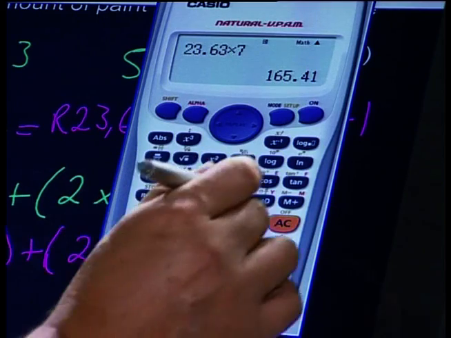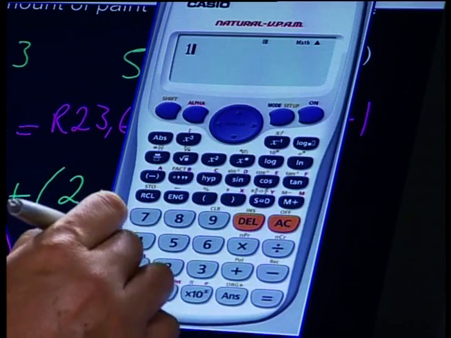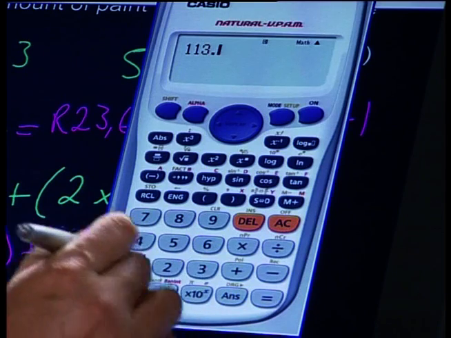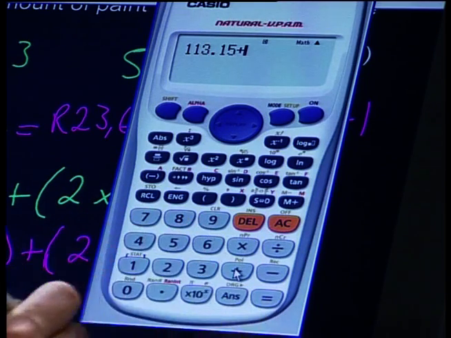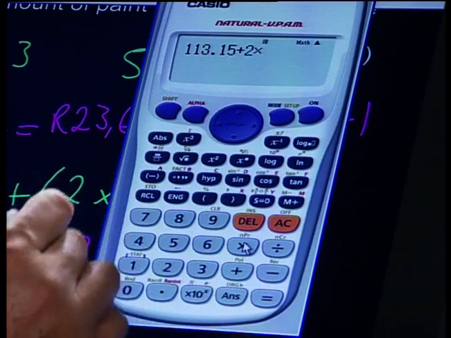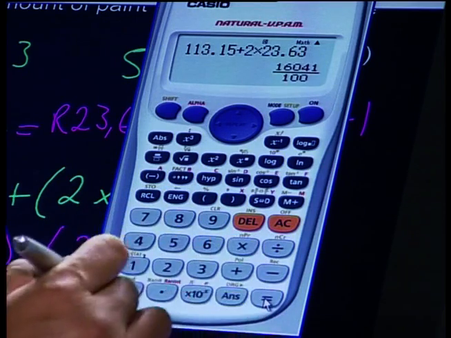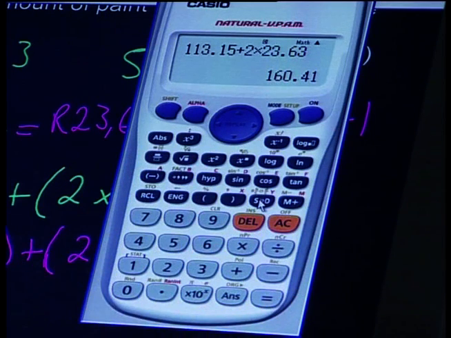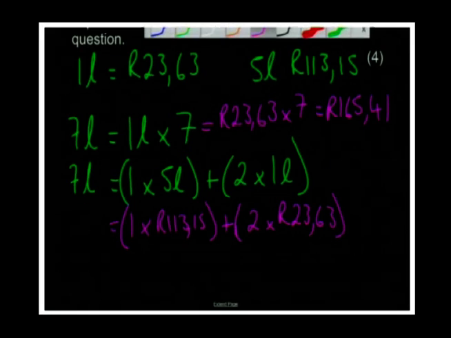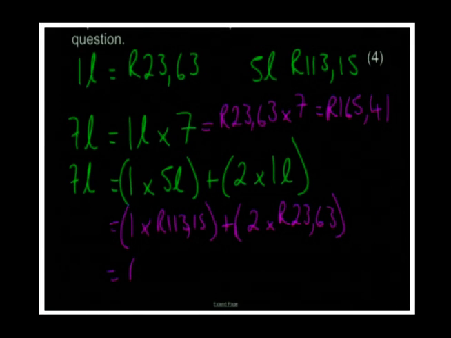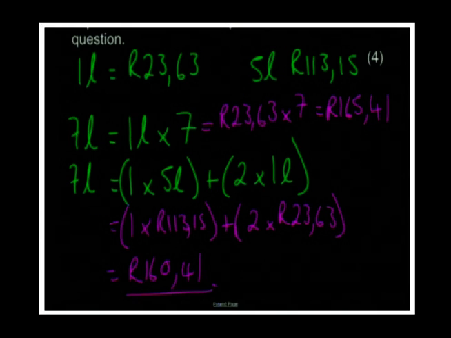So we're going to say, right, I've got 113 Rand and 15 cents plus 2 times 23 Rand 63 equals, and my final answer is 160 Rand 41 cents. Now, guys, let's look at our answer.